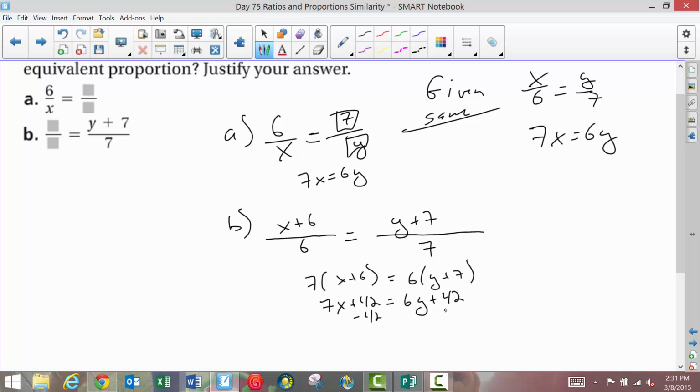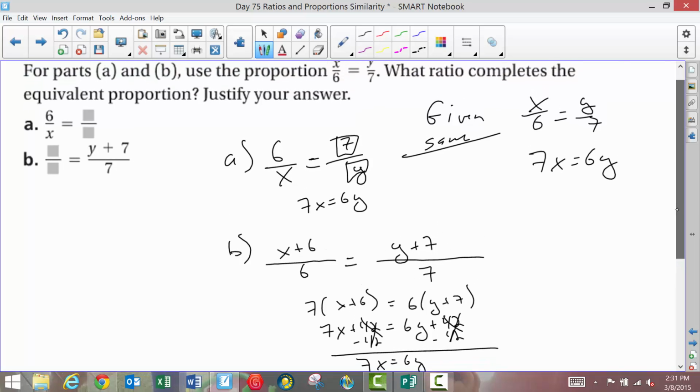I can subtract 42 from both sides, and I have 7x equals 6y because the 42's now have no effect on the equation. So they're the same. So part A was your flip property, and this was your add property.